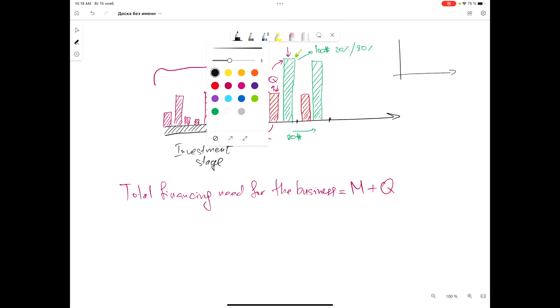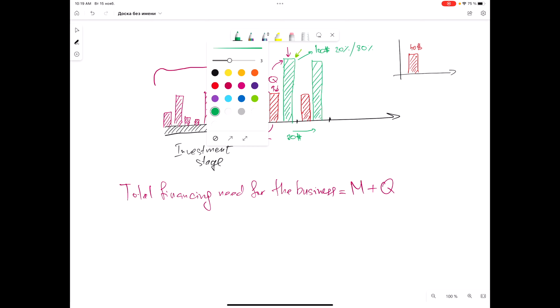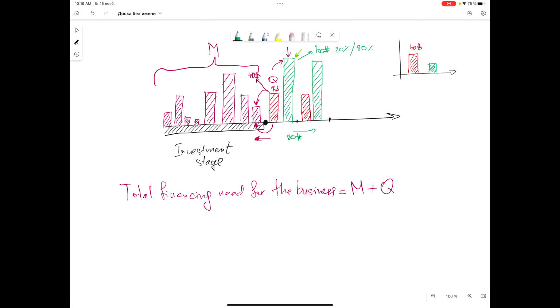The level of expenses will be $40, and the level of revenues will be $20, because $80 will be moving to the next month, and this causes an operating loss of $20, and let's call it P. Then we need to add this P to the amount of financing that you need to start the business.